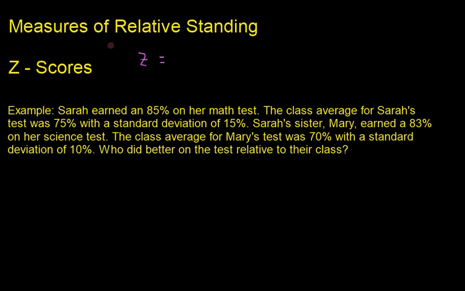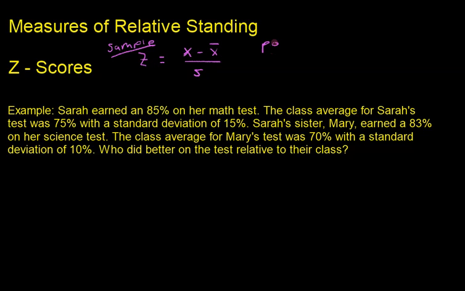For a sample, the z-score is x minus x bar divided by the sample standard deviation s. So, the difference from the mean divided by the standard deviation.